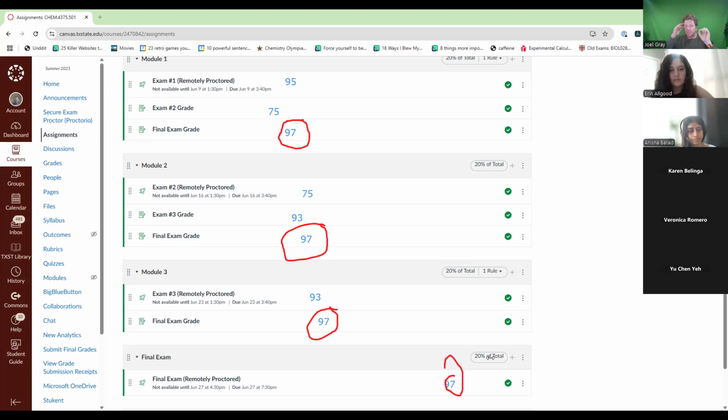So in this specific instance, what was the approximate weight of their final exam? And you can add this to the chat. What percentage of their grade was their final exam worth? 80%. Because that person did better on their final exam than all of their previous exams.